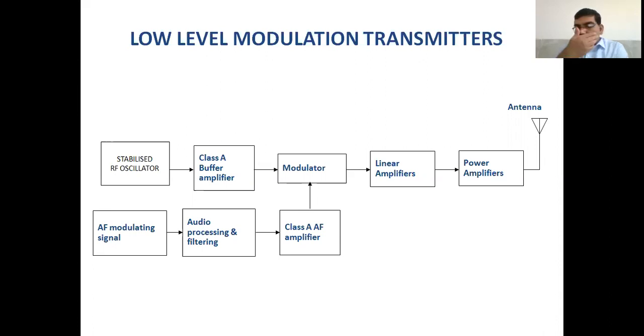Okay. So here buffer means, the next section is the modulator, and it may draw more current or power. So the functioning of this oscillator may get disturbed. If you have the buffer amplifier, this buffer or you can say isolator, it will not allow the further block to extract more power.